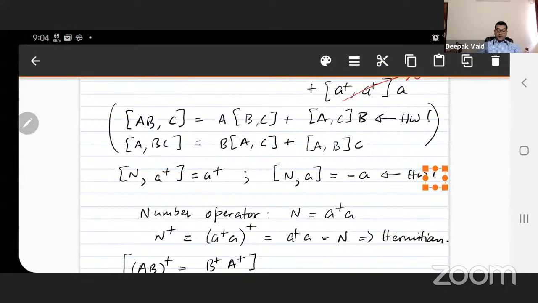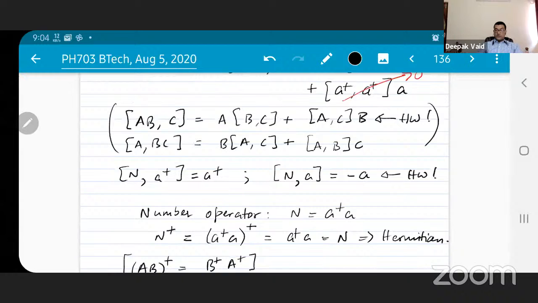And if I take A, then I get minus A. That's just a particular property of these operators, A dagger and N. And it is this property that allows us to solve the full system of the Schrodinger equation for the harmonic oscillator. This is not going to always be the case, right?